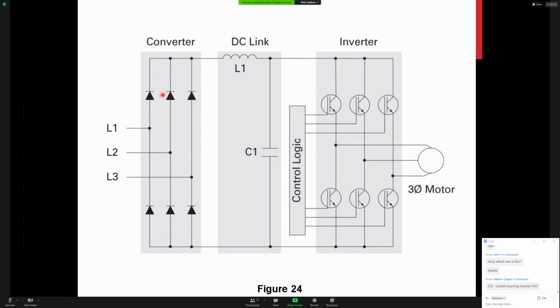We have a 3-phase full wave rectifier, 3 diodes. Our DC link is the same. We have inductors and capacitors. Some have multiple inductors, some have multiple capacitors. It just depends on the design and the purpose for that VFD. But notice we have a new symbol here in the inverter side. Does anybody know what that symbol is?